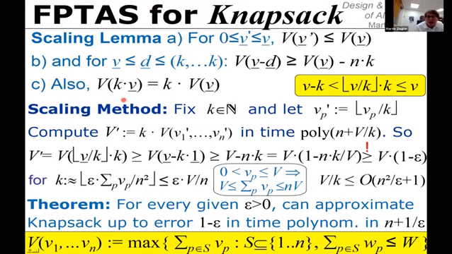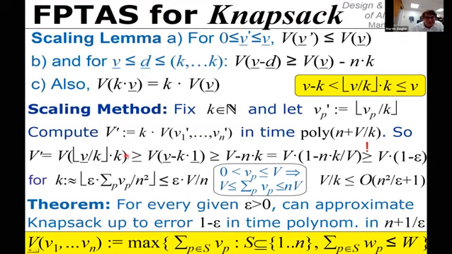And algorithms that have this property are called FPTAS, algorithms where the running time depends polynomially on n, the length, and on 1 over epsilon, as opposed to 1 over epsilon being, for instance, in the exponent.